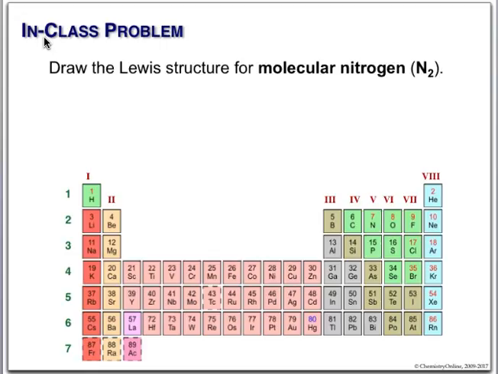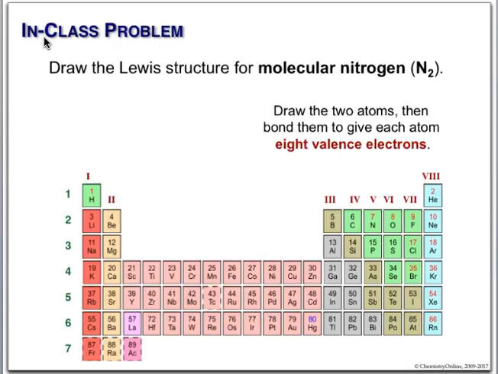Go ahead and draw its Lewis structure. Now we know that nitrogen has 5. We have 2 nitrogens, so we can simply draw them this way.